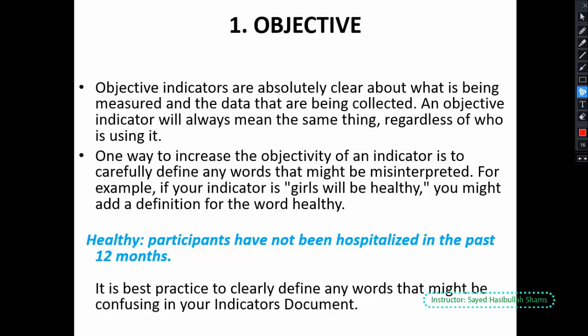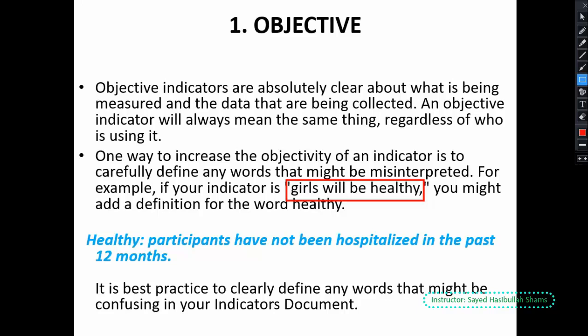For example, here we have one indicator, and that indicator is girls will be healthy. This is not an objective indicator, because we do not understand how to define healthy. If you ask two, three people, they will give different information about healthy.